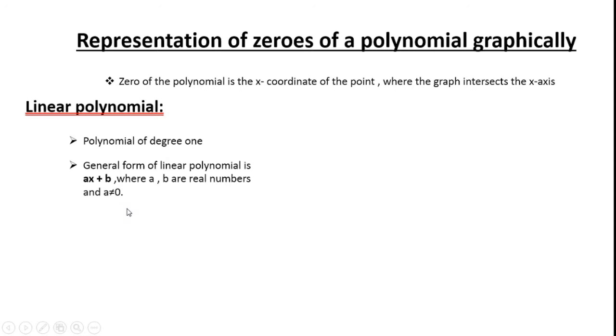This is a linear polynomial. Now, let us consider the example y equals 2x plus 4. This is a linear polynomial. Linear polynomial means the degree is 1. See, in 2x plus 4, the degree is 1.